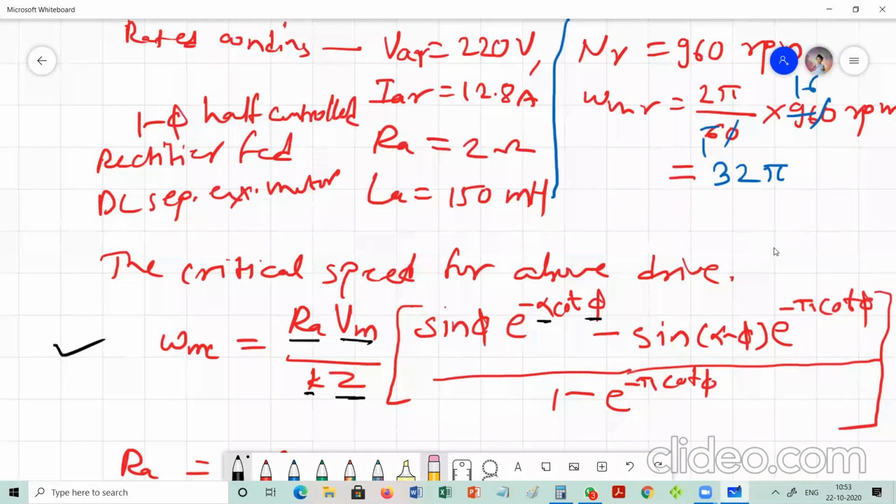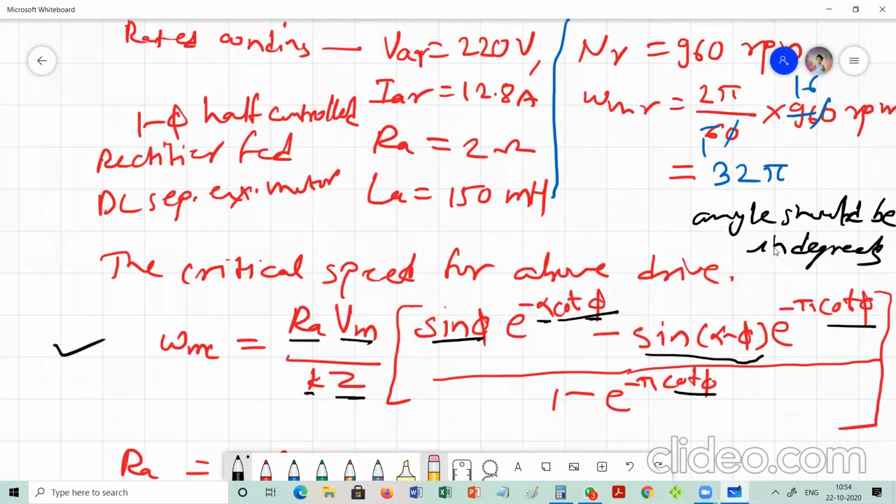So put all these values here. When there is a calculation of sine phi or cot phi or sine alpha minus phi, here is also cot phi, the angle should be in degrees.